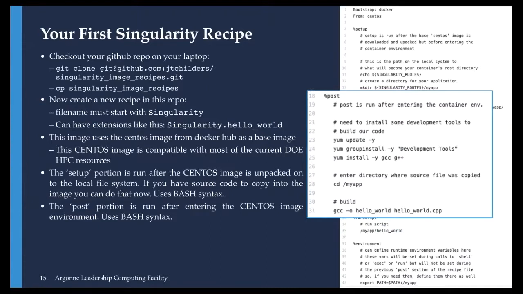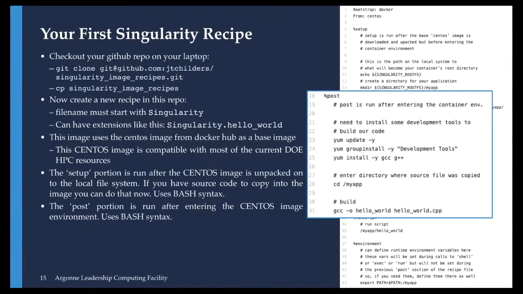And so then the post section of this recipe is run after you enter the container. So now you're in the container environment. You can run things like yum to do installations. You can compile your code. So in this case, that's what I do. I do a yum install of development tools so I can have GCC.